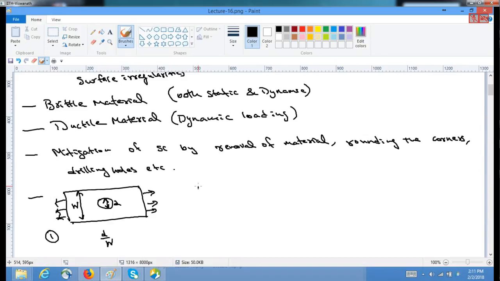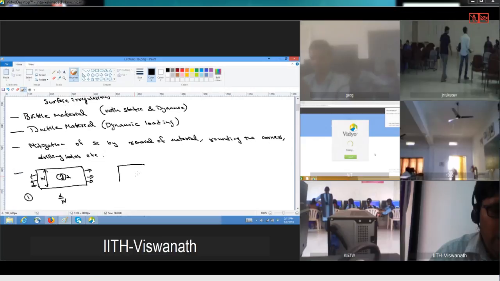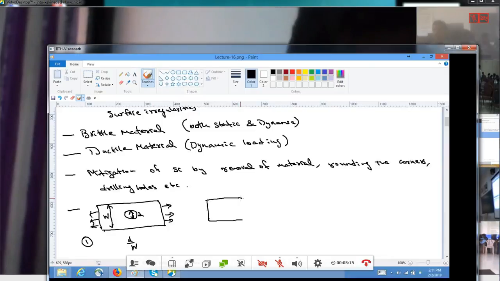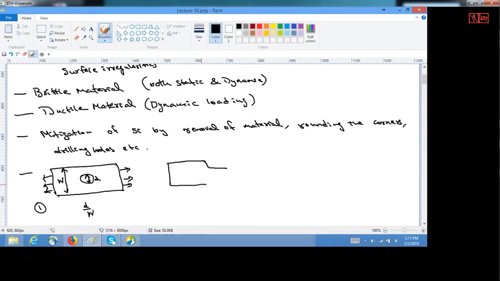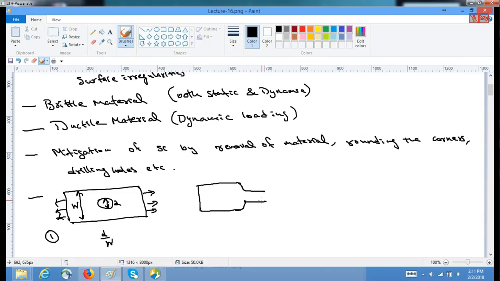In the second case, there is a flat plate, and again it undergoes a change in the thickness. It has a root radius r, this is capital D, and this dimension is small d.